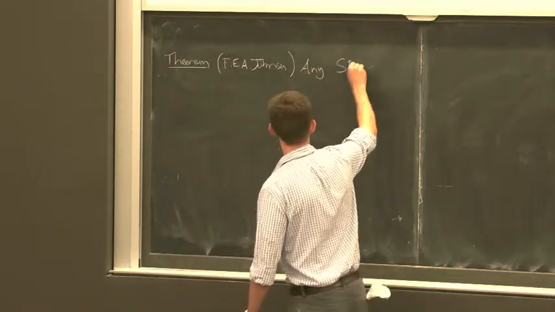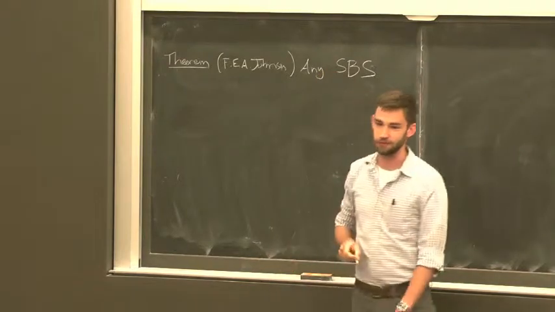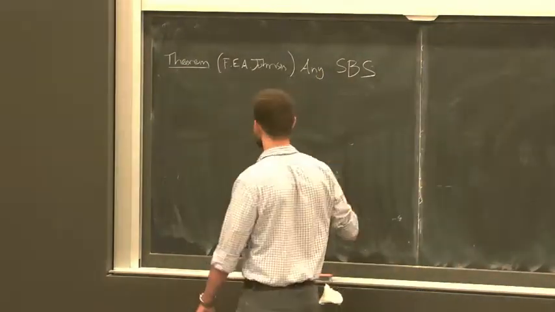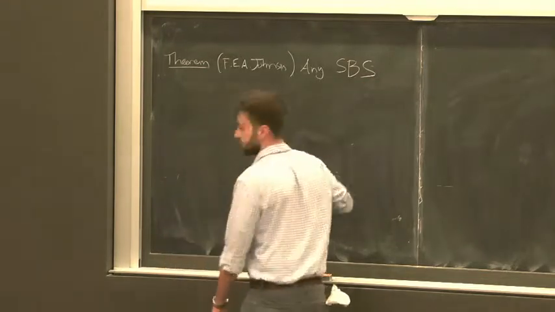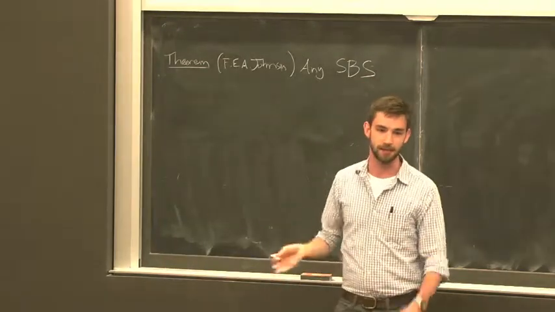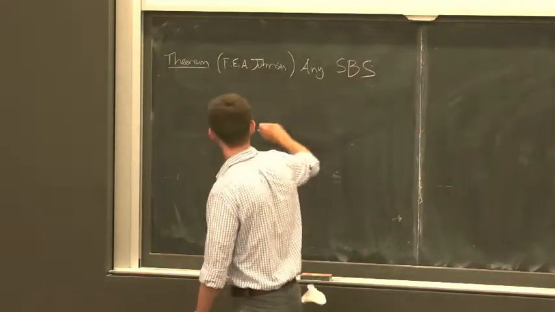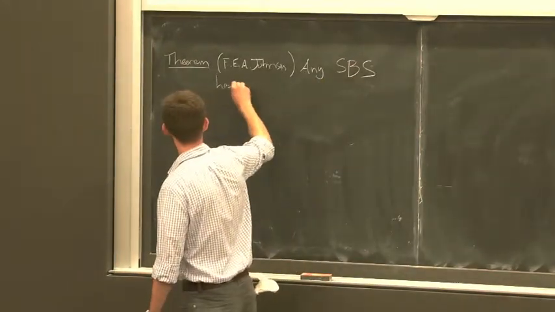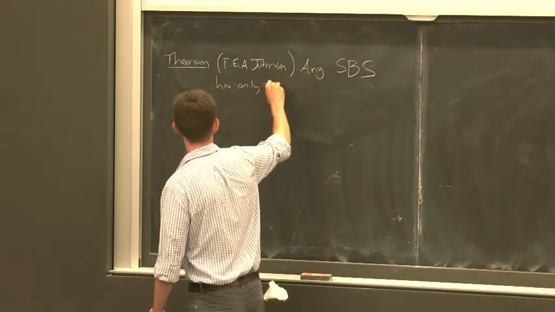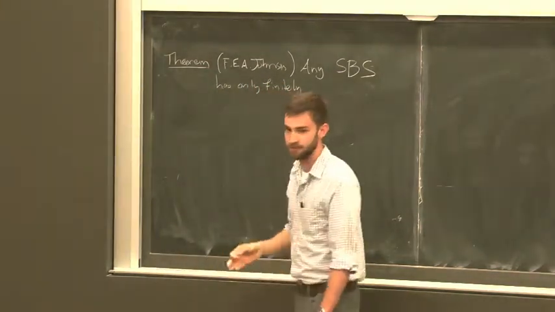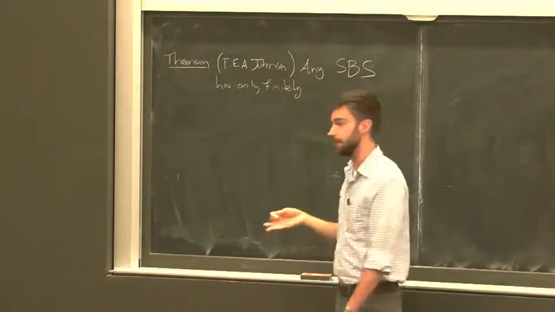I'm just going to use the notation SBS for surface bundle over surface, so we're not here all day watching me write it out. So any surface bundle over a surface, by which I mean implicit in this that g and h should both be equal to or bigger than 2, has only finitely many fiberings. Again, up to fiberwise diffeo, and again up to something slightly stronger than fiberwise diffeo.